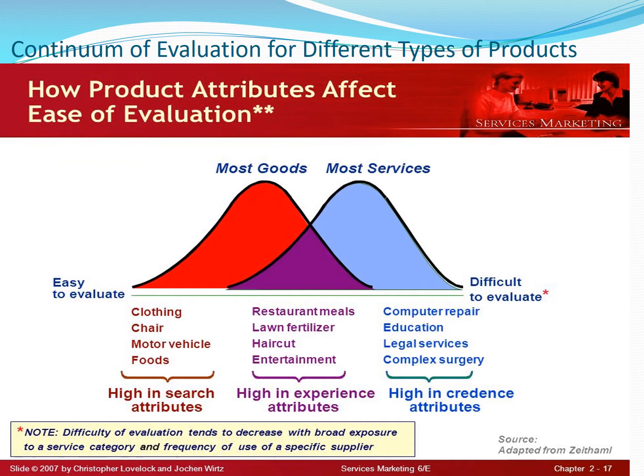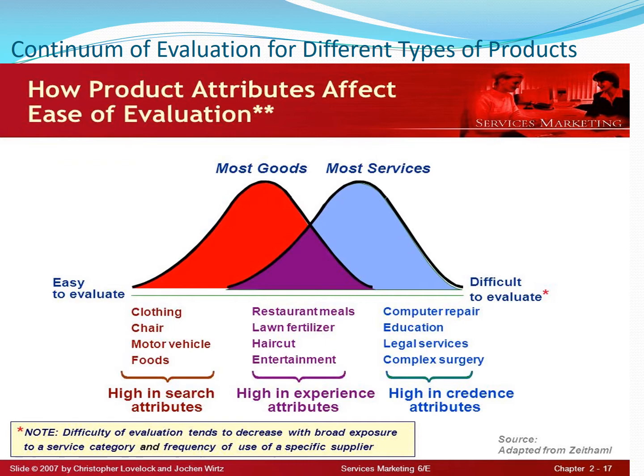So basically we can classify the products, or the services, into those having search properties, experience properties, and credence properties. We'll try to understand what this is all about.